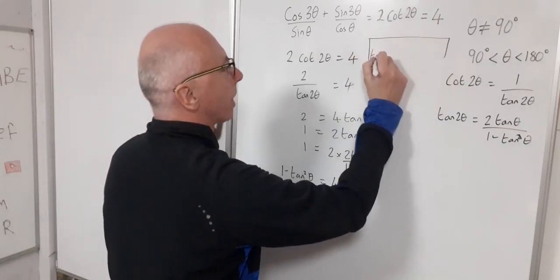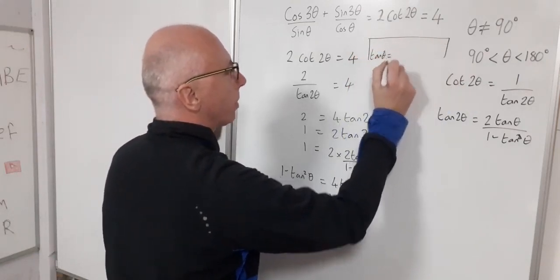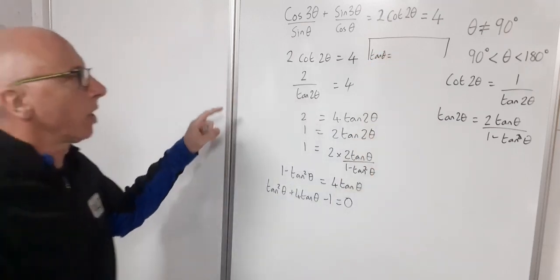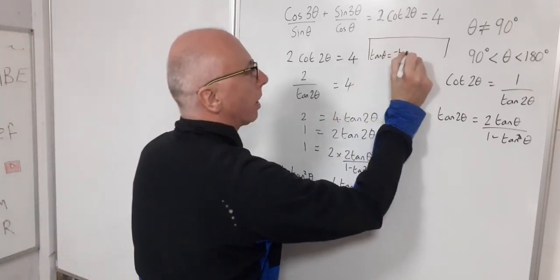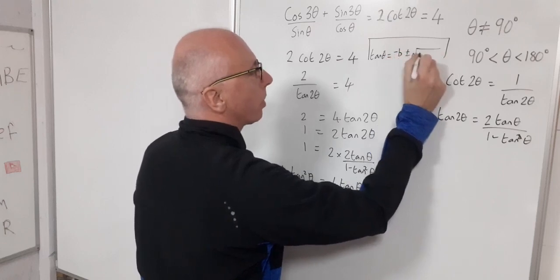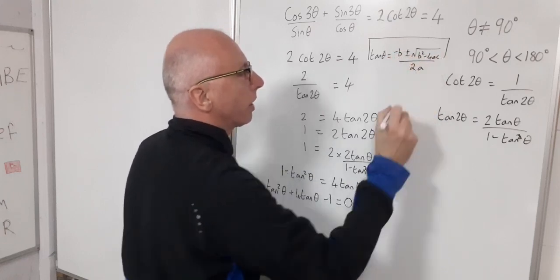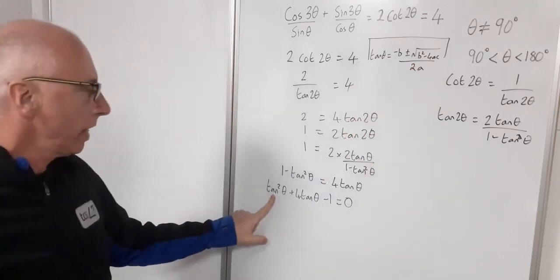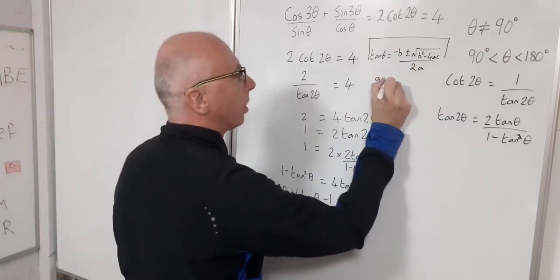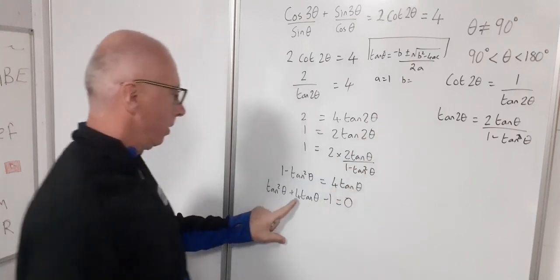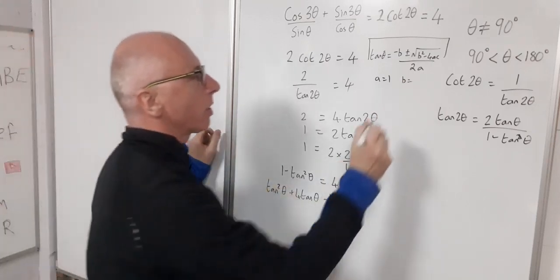So in this case, we're solving for tangent theta. So we've got minus b plus or minus the square root of b squared minus 4ac, all over 2a. So in this case, a is 1, b is 4, c is minus 1.